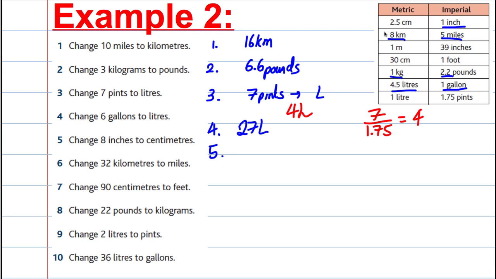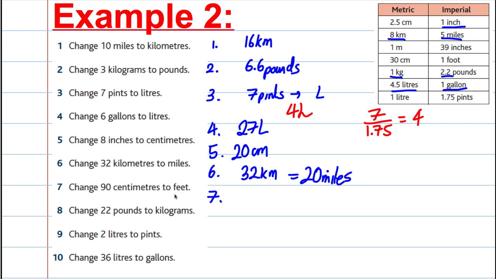Each inch is 2.5 centimetres, so 8 of them must be 8 multiplied by 2.5, which is 20 centimetres. Question 6. 32 kilometres into miles. How many 8s go into 32? 4. So 4 lots of this is 32. So 4 lots of this must be equivalent, which must be 20 miles.